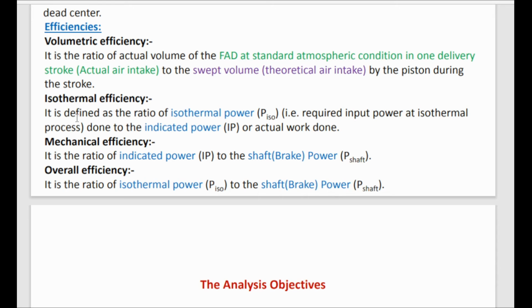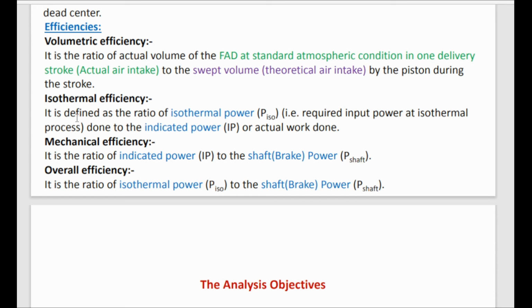So it shows simply the volumetric efficiency. And if that much volume of air is coming in, then it has 100% volumetric efficiency. And if it is lesser than that, then the efficiency is lesser. So it shows the breathing capacity of the compressor.